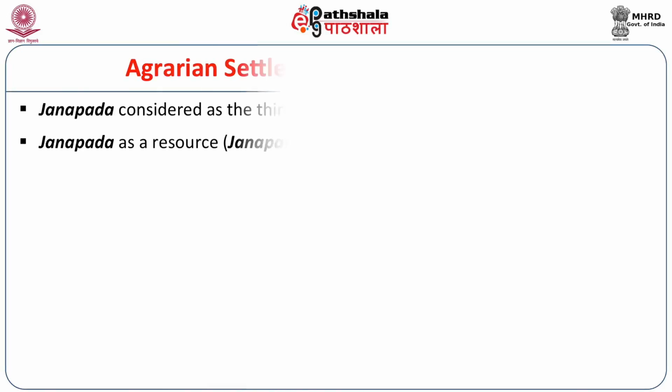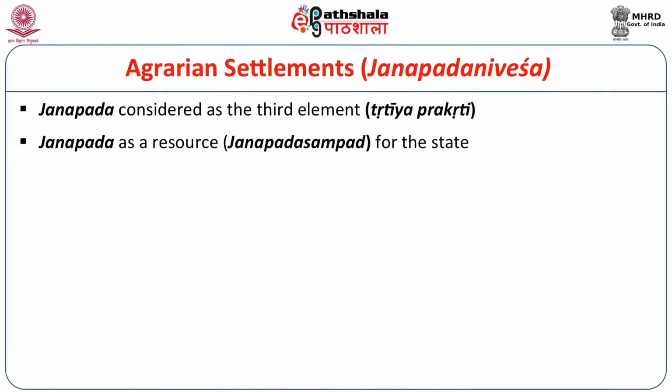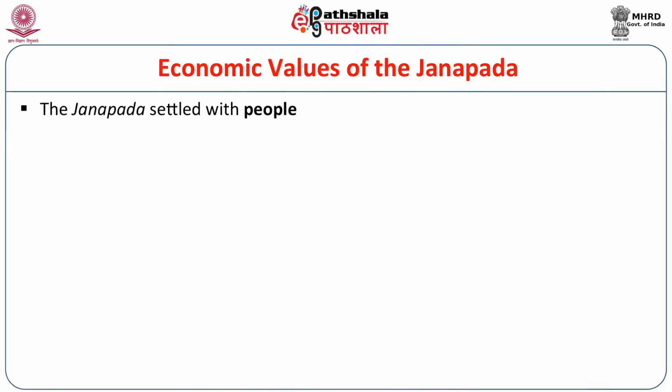First of all, in the Arthashastra we get 7 constituent elements of the state: Swami, Amatya, Janapada, Durga, etc. So, Janapada is a part and parcel of the state. Literally, it means the feet of the people, that is, the land settled with people. This is essentially what is called Janapada.